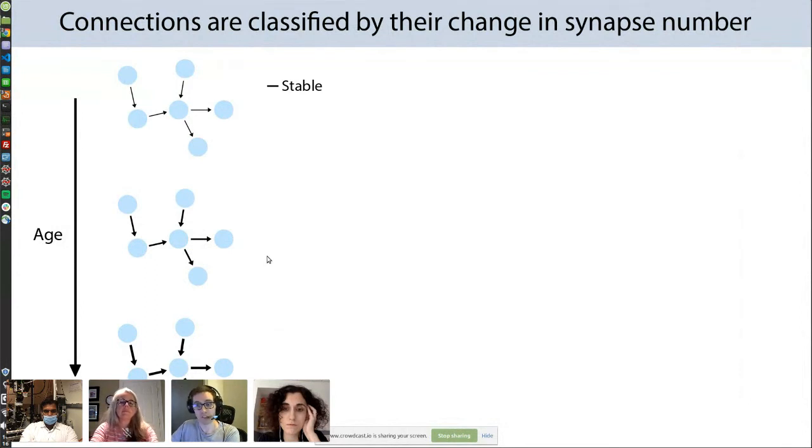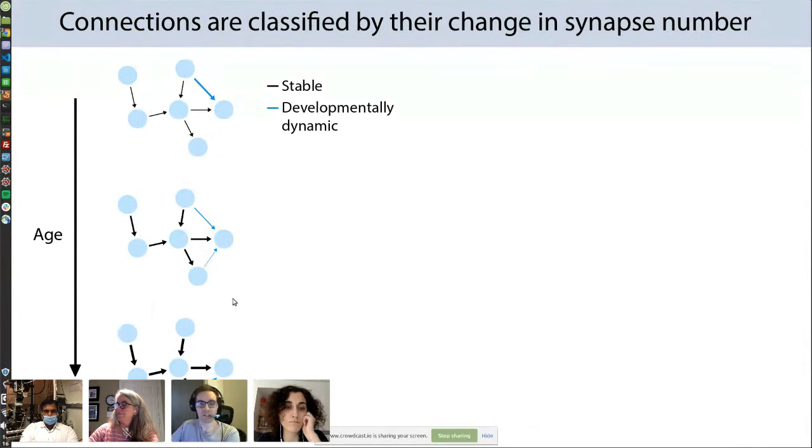But other connections are developmentally dynamic, meaning that they show a statistically significant increase or decrease in synapse number, different from the rest in a very stereotyped manner across maturation. So these connections sometimes even form new connections, which is the case between these two neurons here, or they eliminate existing connections, which is the case for the connection here that disappears.